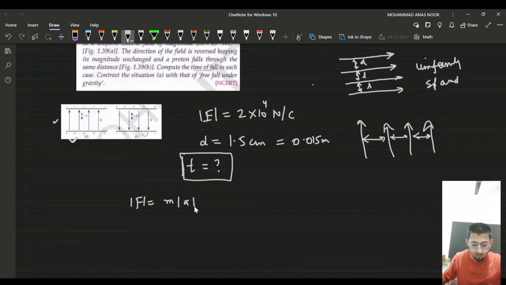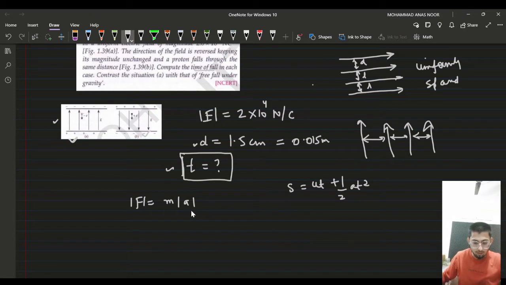If there is a force involved, then the motion of this electron would be governed by the set of equations of motion. So to find t, we can use s equals ut plus half at squared. I think this would be fine because we are also given the distance traveled, s, and we need to find a though.